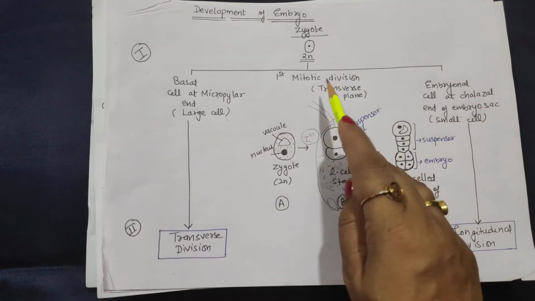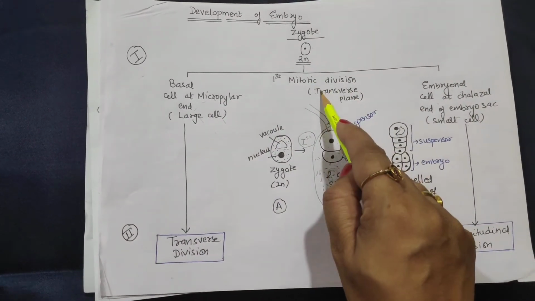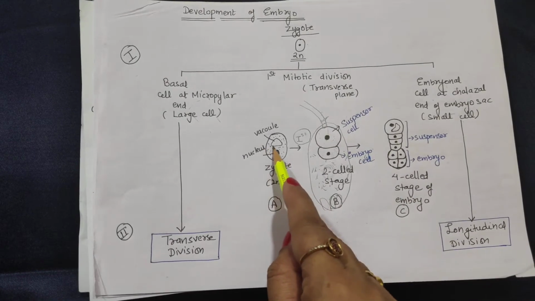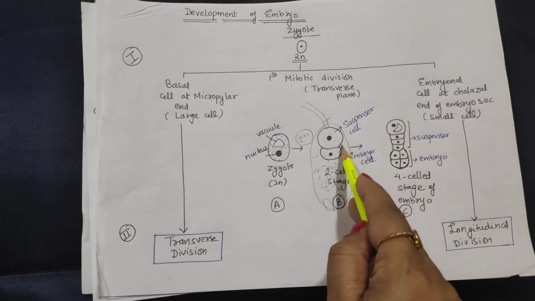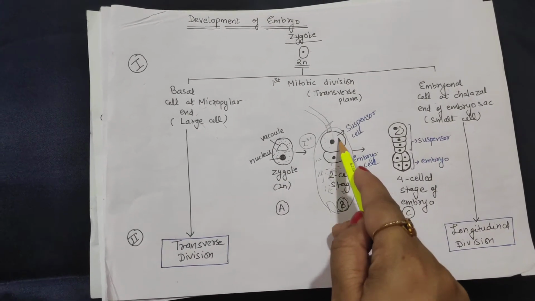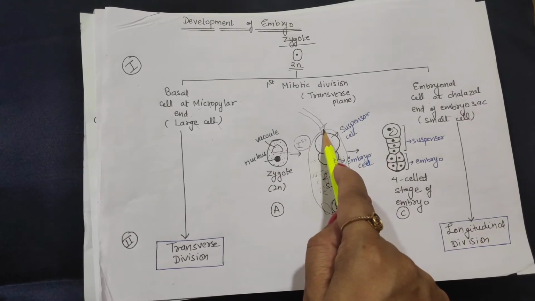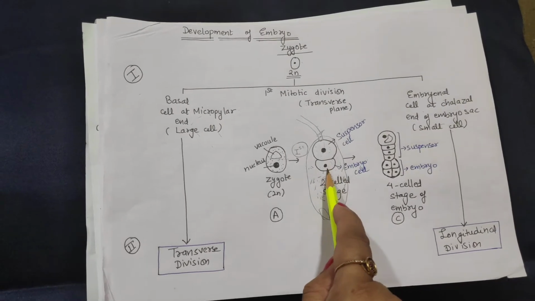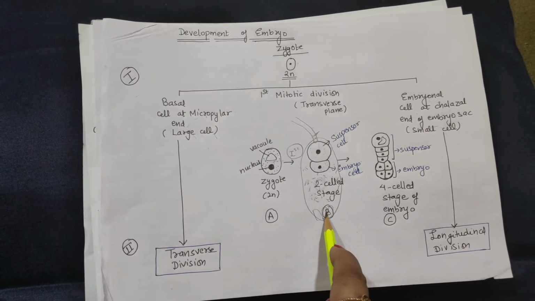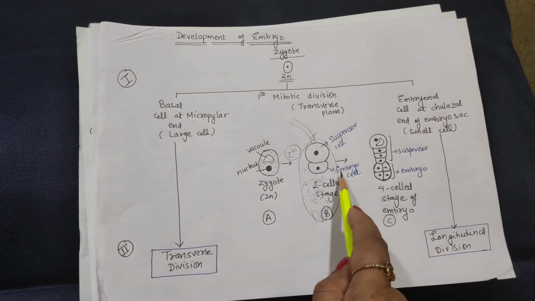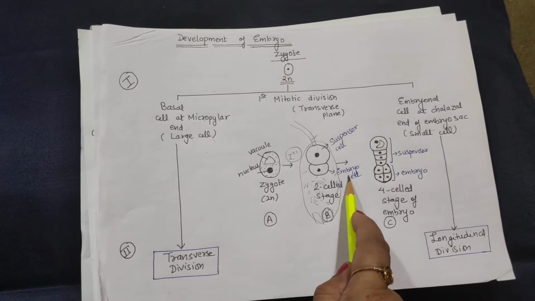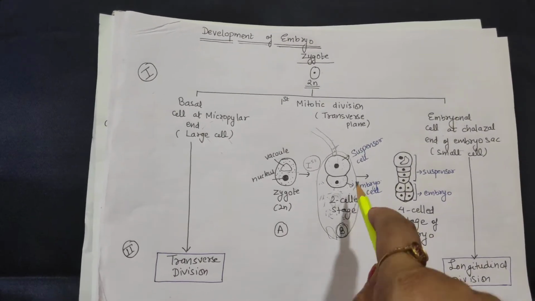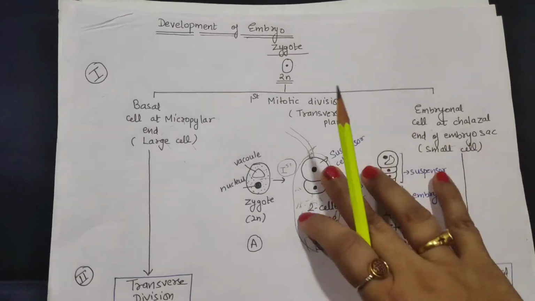So after the first mitotic division in the zygote, on the transverse plane, I obtain the two cell stage. One cell towards the micropylar end is called the suspensor cell, which is a large cell, and the other cell towards the chalazal end of the embryo sac is the embryonal cell, which is going to be the future embryo, and this is a small cell.